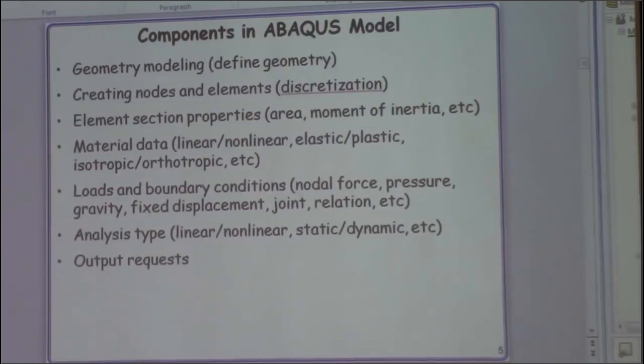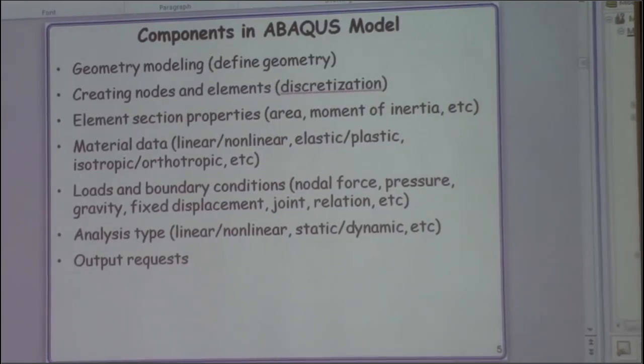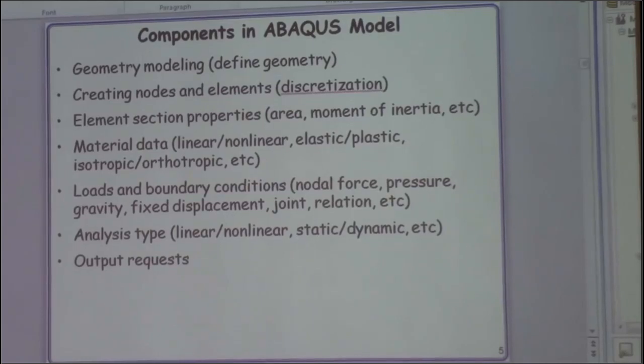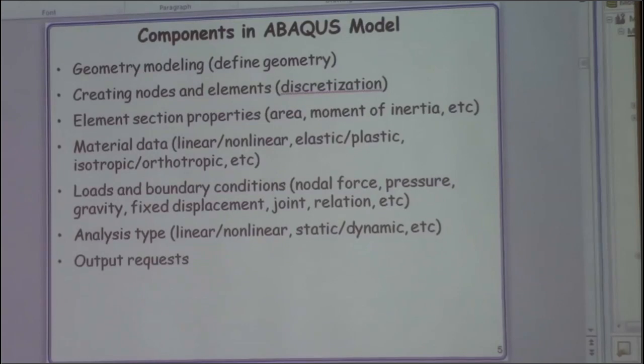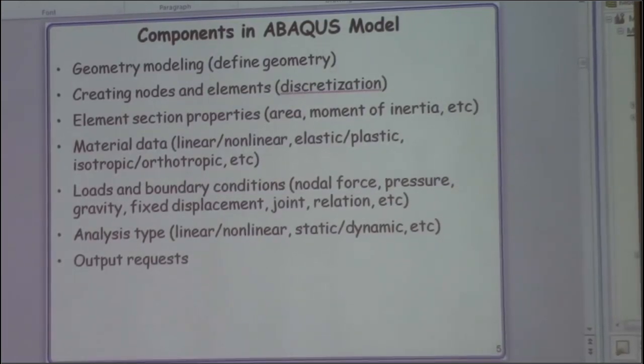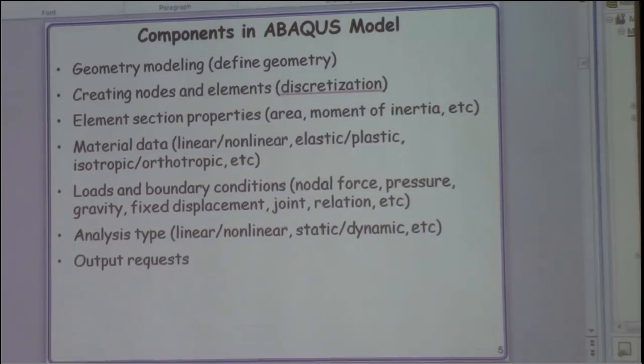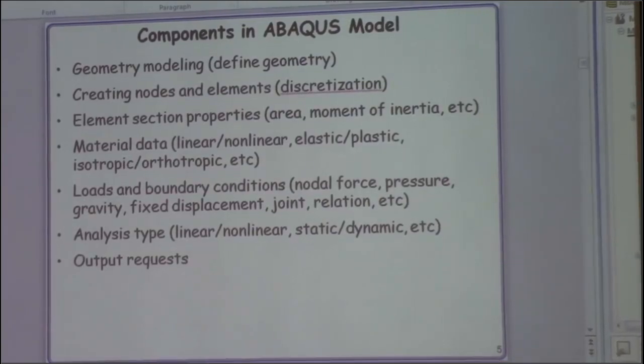These are the components in an ABAQUS model. As I said, first we need to sketch the geometry, and then discretize the model into small elements and define the section property and material property, the element mesh, something like that. Then I define the material data.